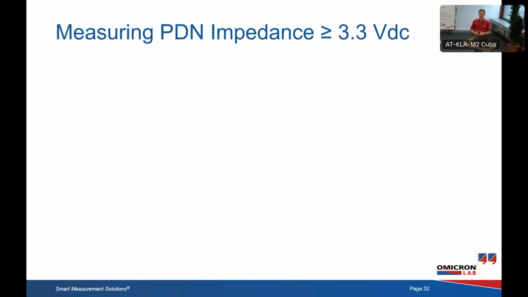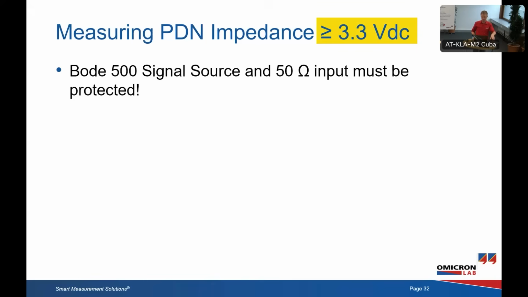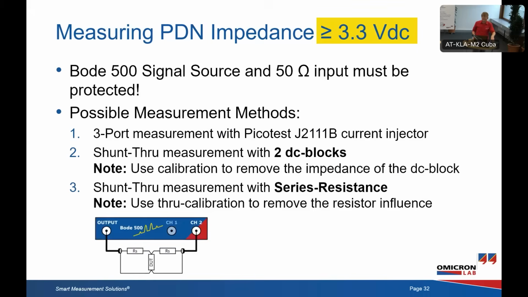What if you need to measure PDN impedance above 3.3 volts DC? That's where the instrument can get damaged because the 50 ohm input and output must be protected. There are some possibilities. You can use the three-port measurement, like the Picotest 2111B current injector, or you could introduce DC blocks at the ports.